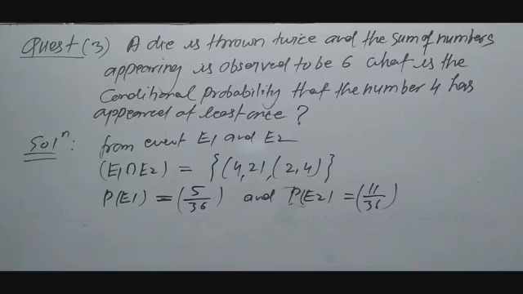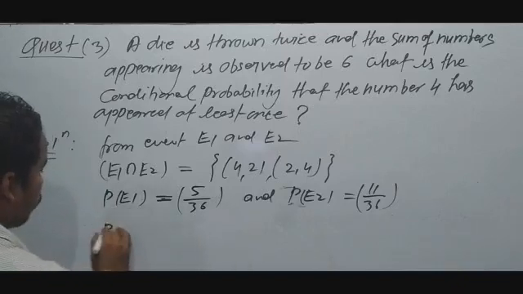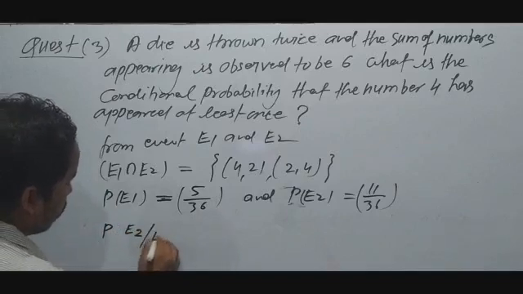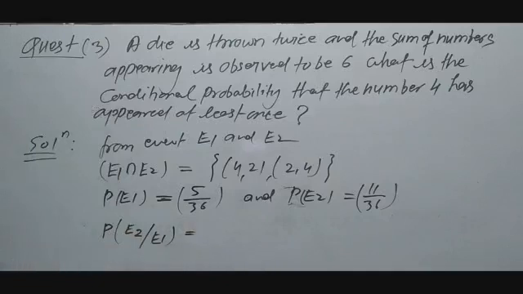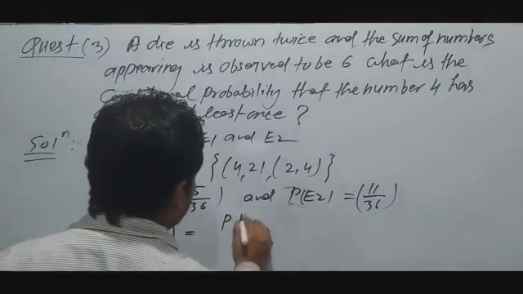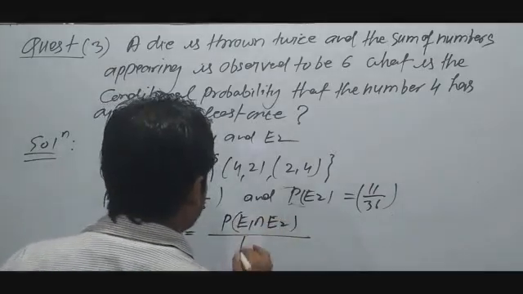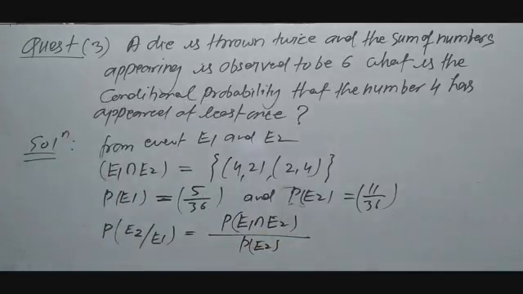So what can we write? We have to find the probability of E2 given E1, so probability of E1 intersection E2 over probability of E1.